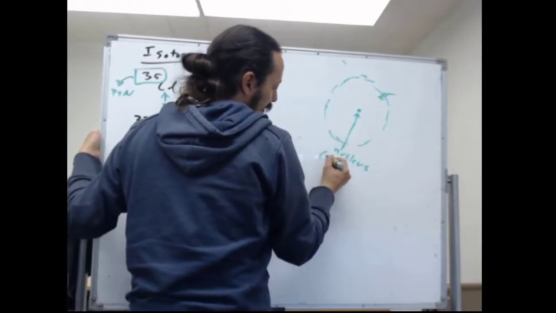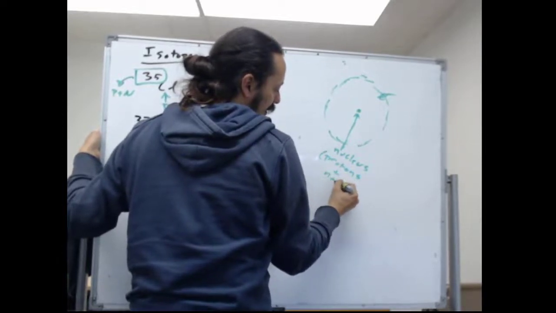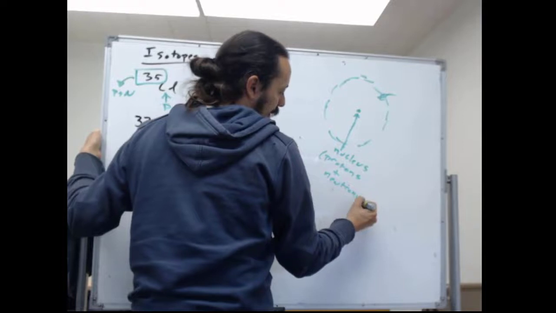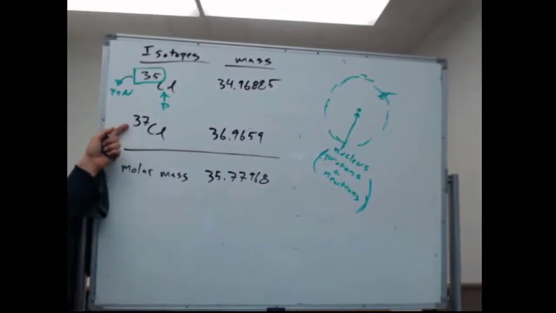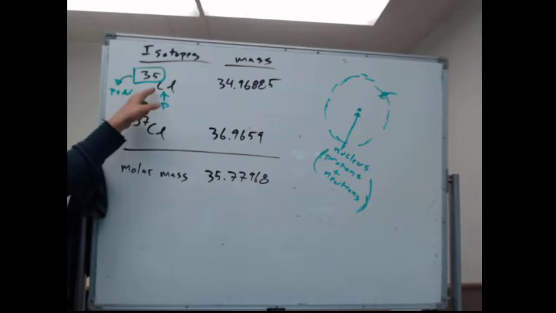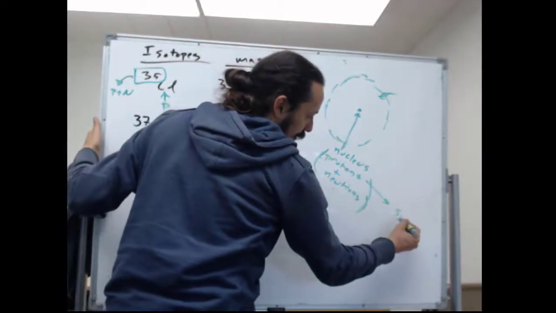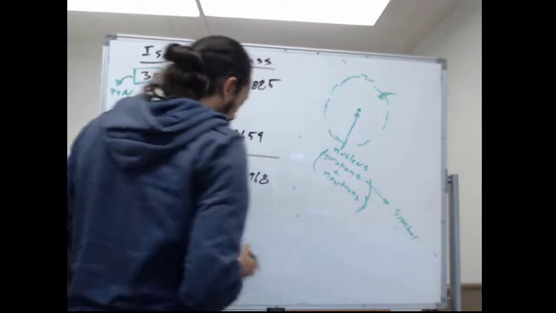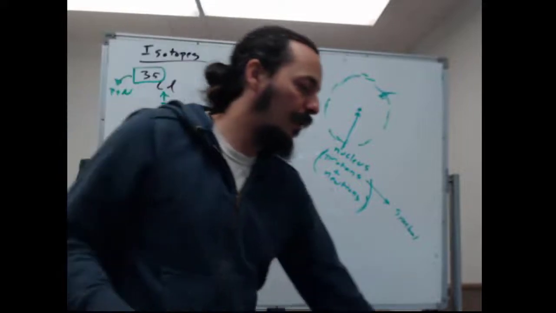That's the nucleus. The nucleus has protons and neutrons, and that number in the top left corner is the protons plus neutrons. It's counting everything that's in the nucleus. The symbol, chlorine, is determined by the number of protons.